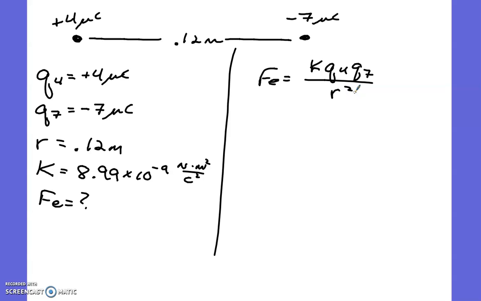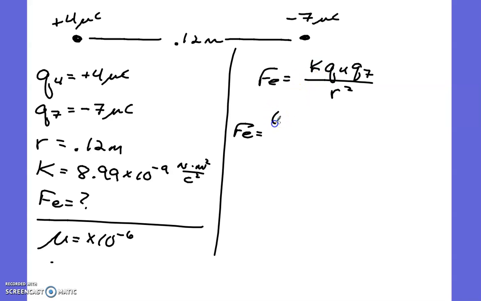What you have to be careful about is we need everything in the proper units. We don't want microcoulombs, we want regular coulombs. But micro means times 10 to the negative 6, so all we have to do is tack on times 10 to the negative 6 to each number.